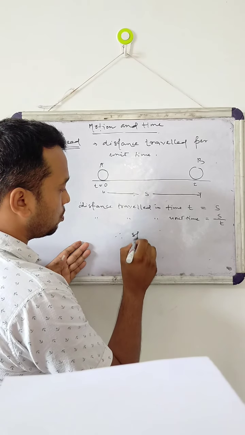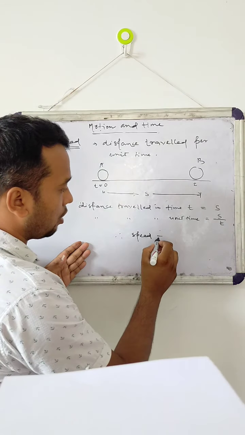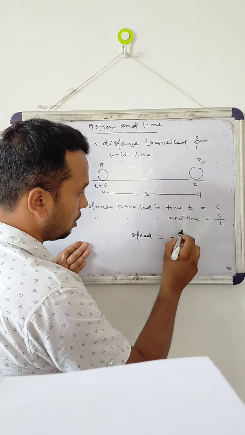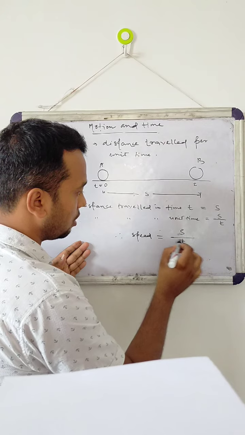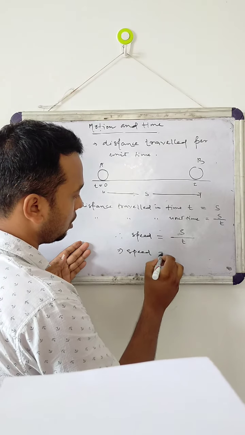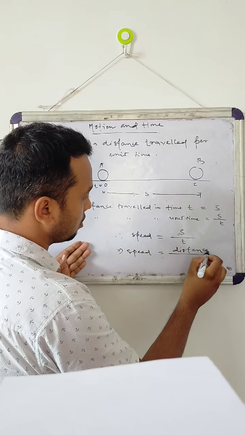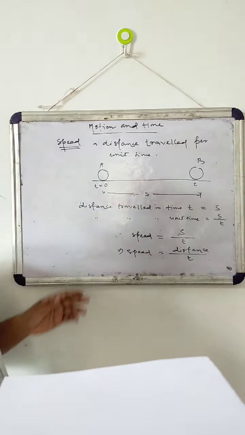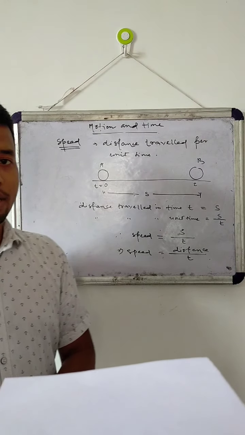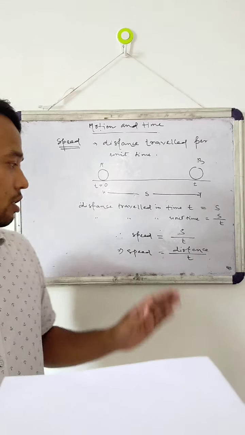Therefore speed equals S by T, that means speed equals distance by time. In unit time, how much distance an object travels, this is called speed.